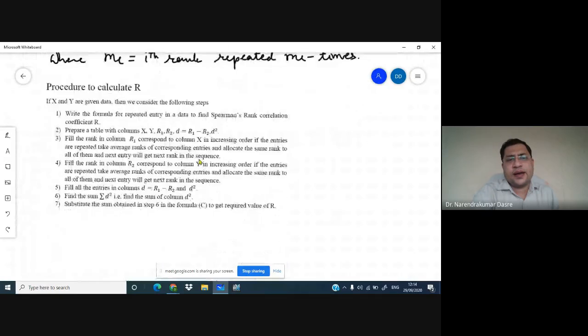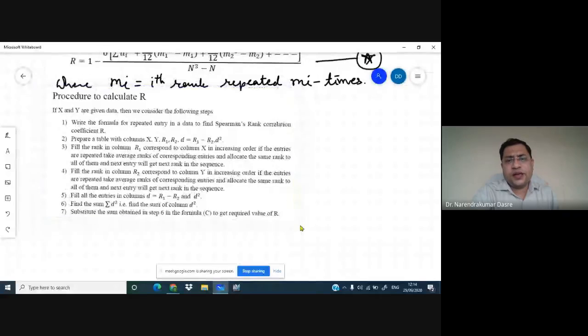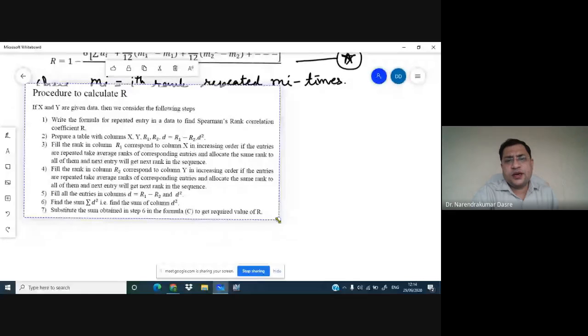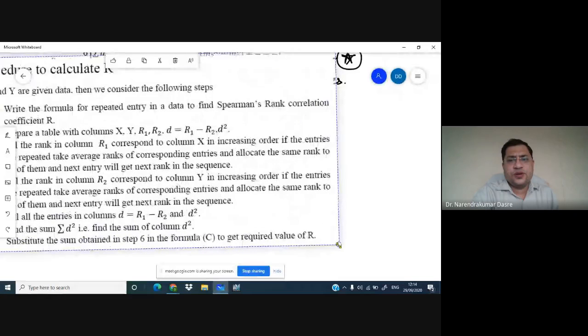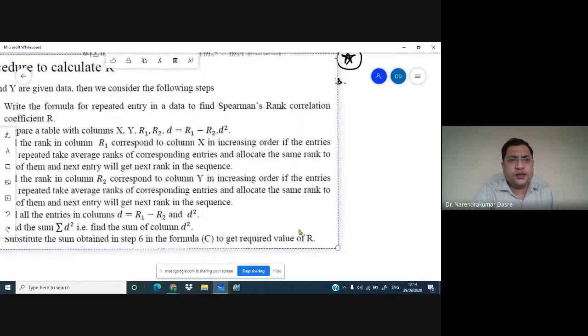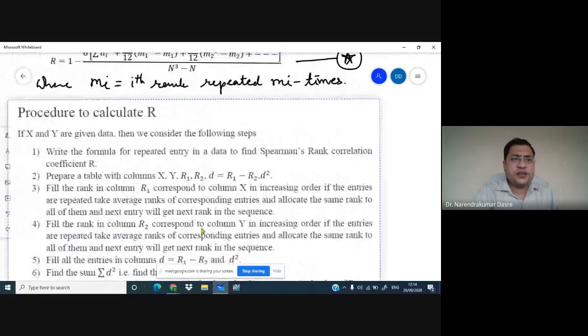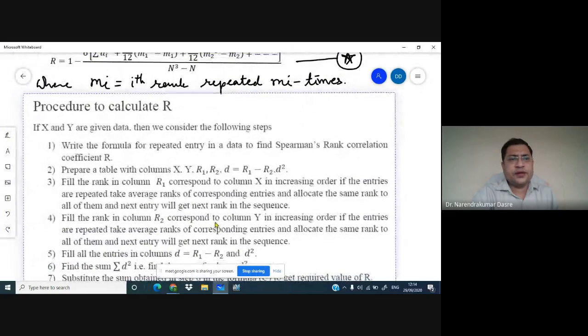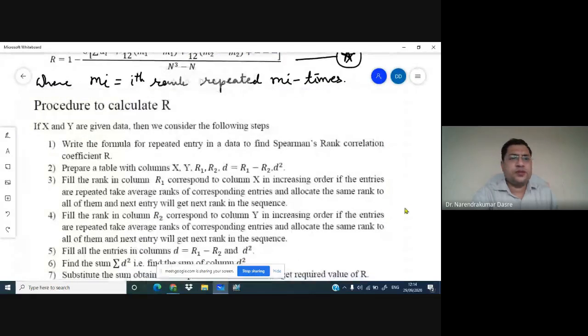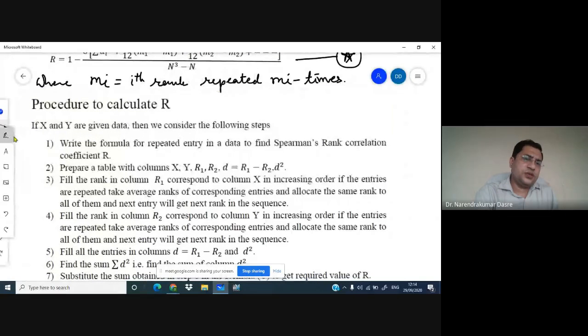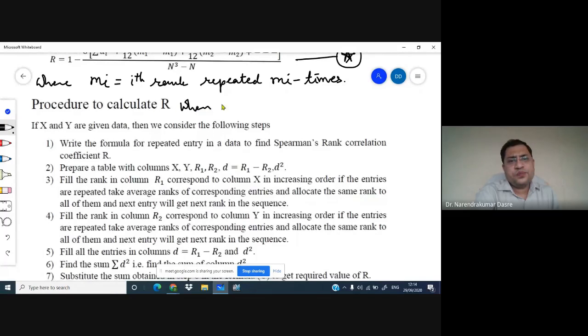So we have to consider the average in the repeated rank. Okay, so this is the procedure to calculate capital R when the data has repeated values.